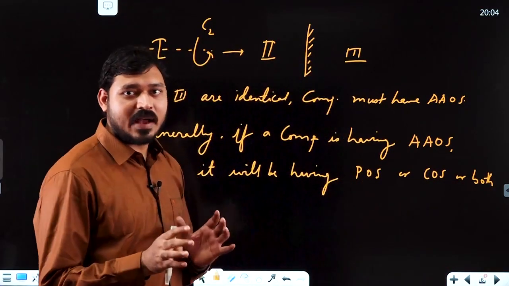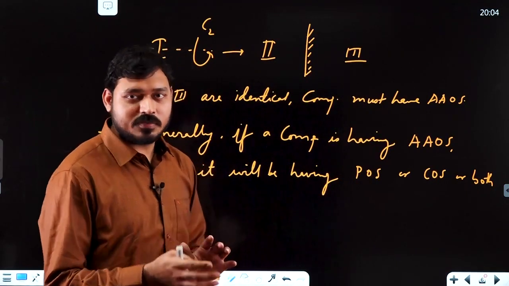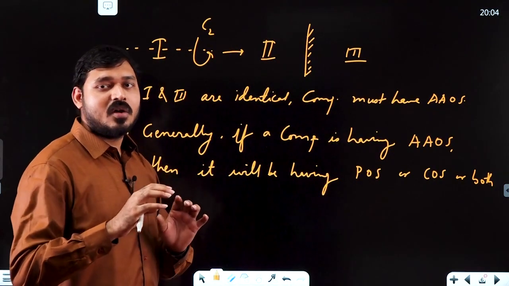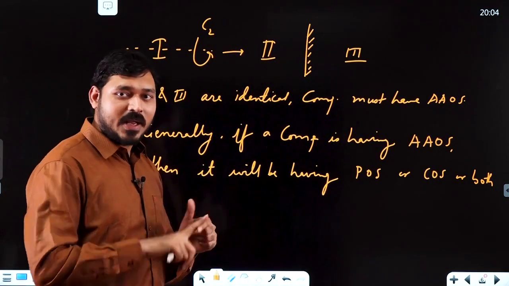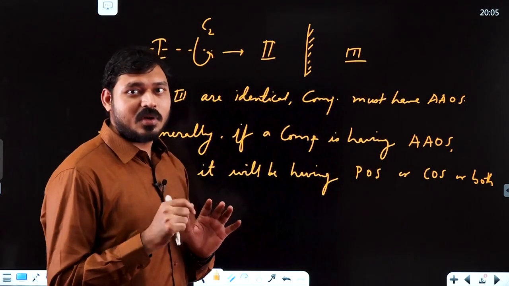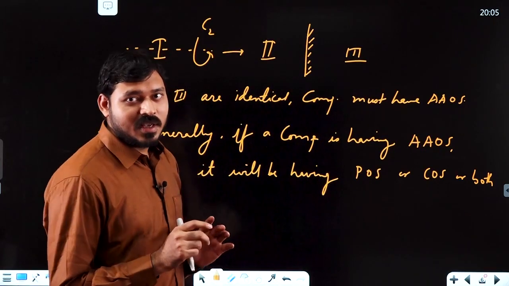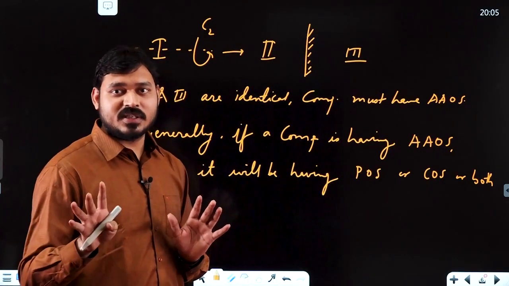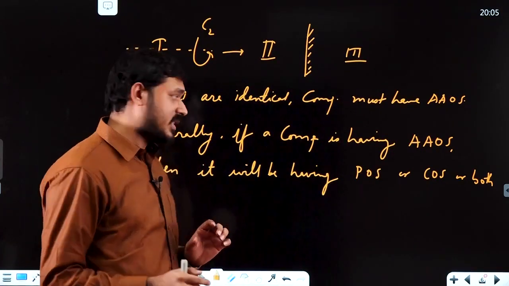If any compound is having AAOS, alternate axis of symmetry, then it will also have either a plane of symmetry or a center of symmetry. Now I am saying generally because there is a special case in which there is no POS or COS, but it is having AAOS.